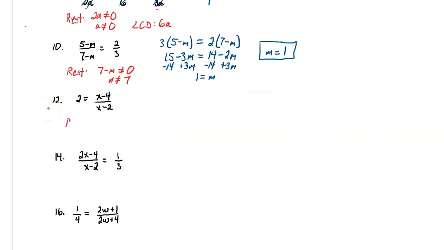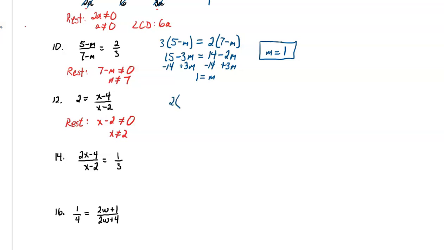Number 12, there's going to be a restriction. The denominator cannot be equal to 0, therefore x cannot be equal to 2. Now this one here can be done by multiplying by the LCD, or by doing cross multiplication because it's a proportion, or recognizing that you can just multiply by x minus 2 to make the x minus 2 move over to the left side.